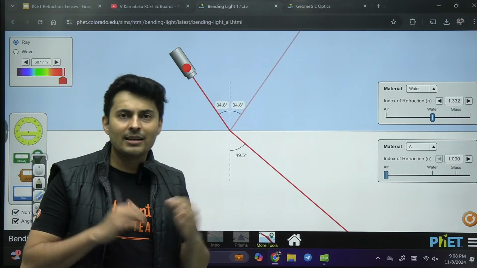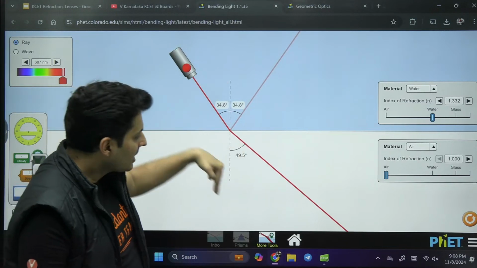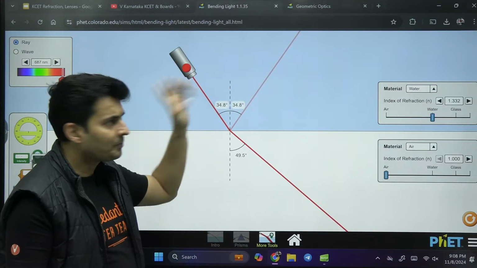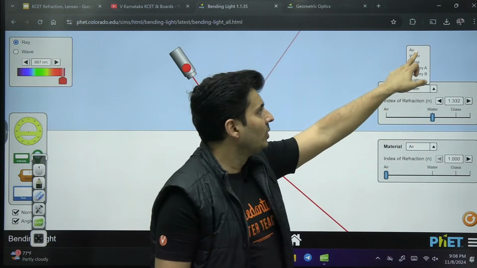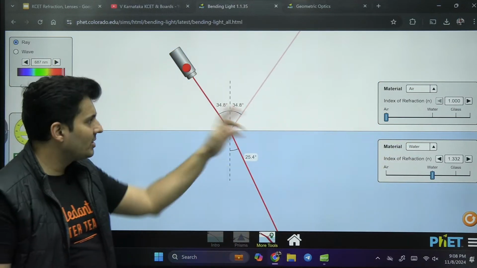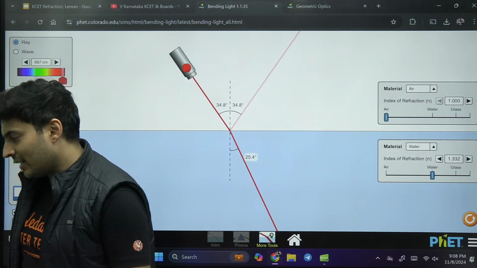So it is very clear that when light goes from a denser medium to a rarer medium, it bends away from the normal. Normal is the perpendicular drawn. But when light goes from a rare to a dense medium, it bends towards the normal. This was 34 degrees, it became 25 degrees. I hope you can see that.